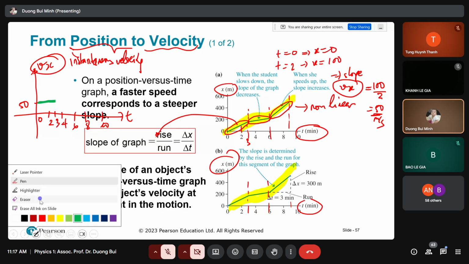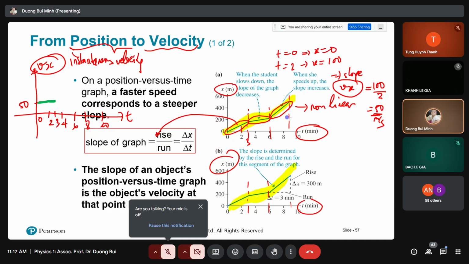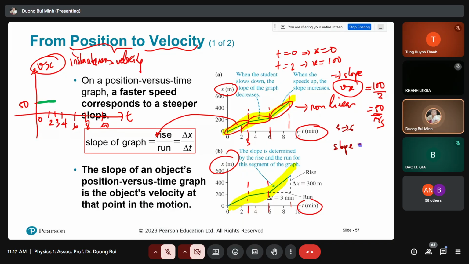Now from 3 to 6, this is a linear curve, and then you can get the slope, or Vx. At 6 you get maybe 250, and at 3 you get 200, divided by 3 seconds. So you get 50 over 3, nearly 17.